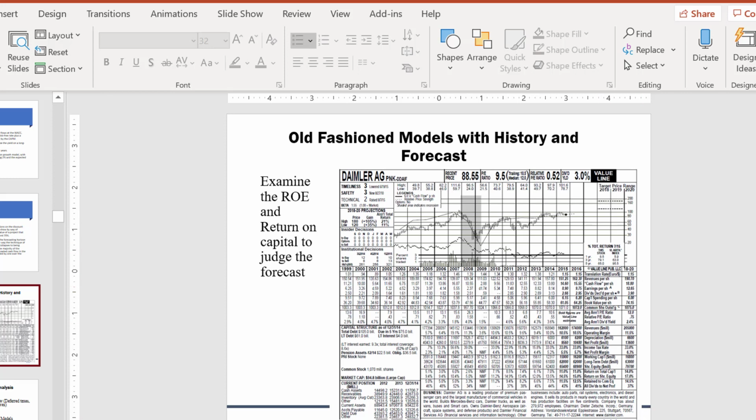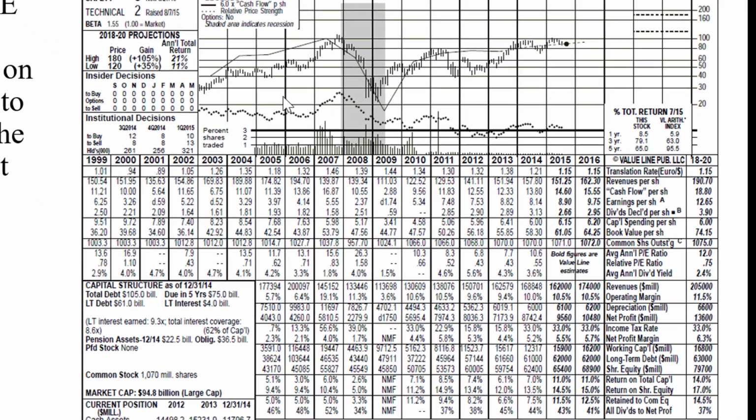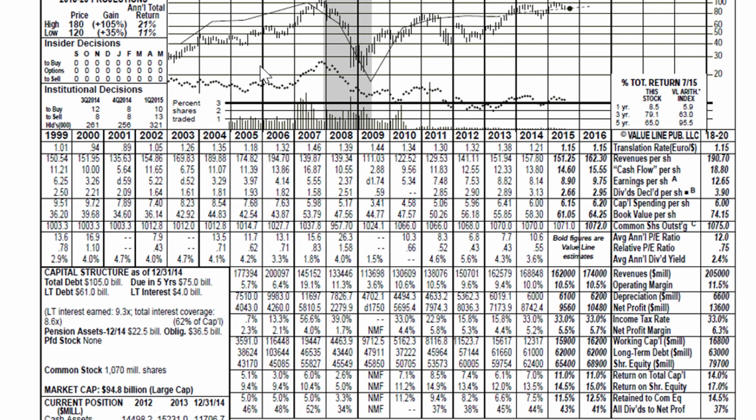In this output, which I remember using in the 70s, I still think it's good because it really illustrates that you want to focus on getting as much history as possible. And this is one of the things that I don't like about life.